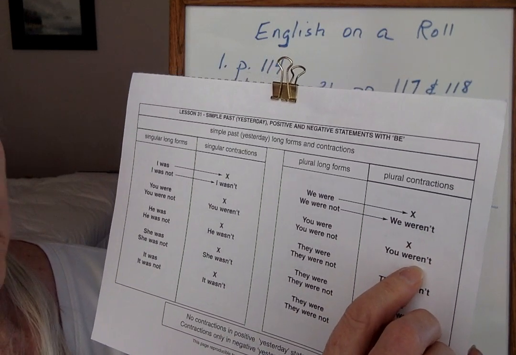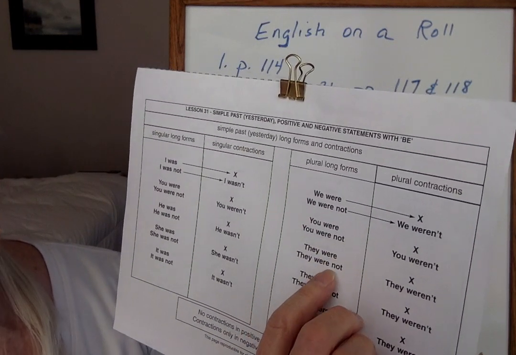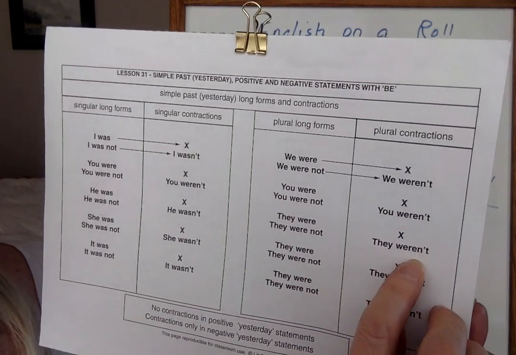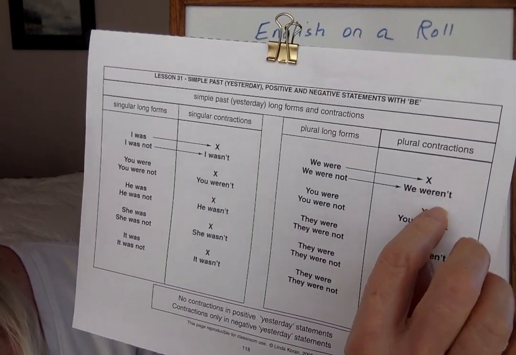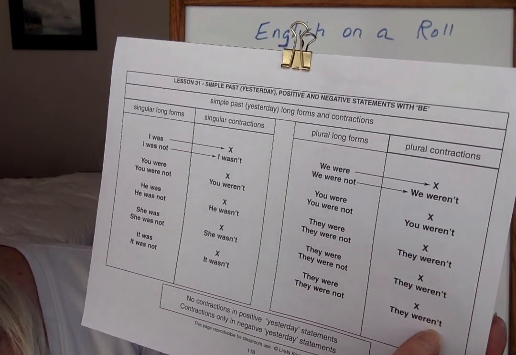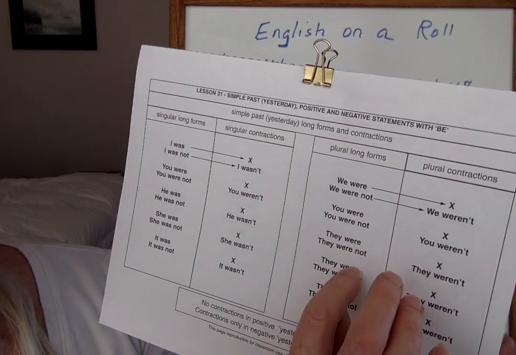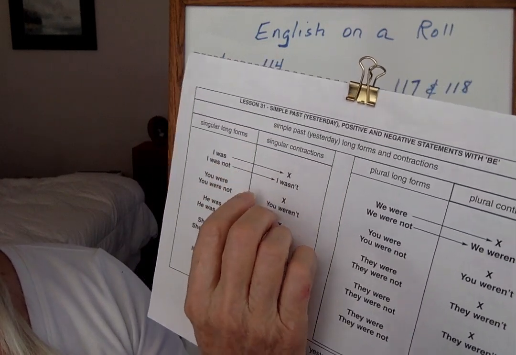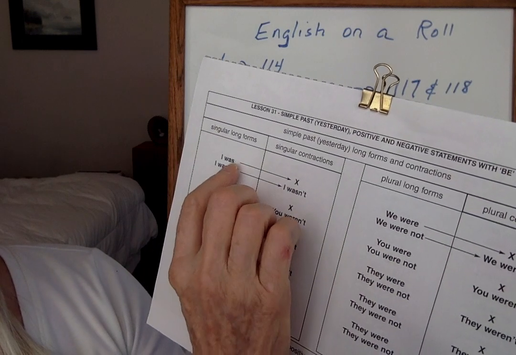Misma palabra. They were not, they weren't. And then we have they were, all of it. Notice, weren't. Misma palabra here. Were. Solamente were es diferente aquí. Otherwise, it's was.